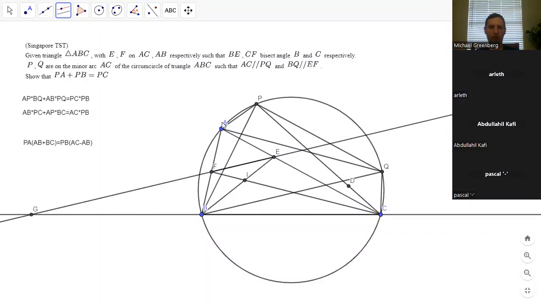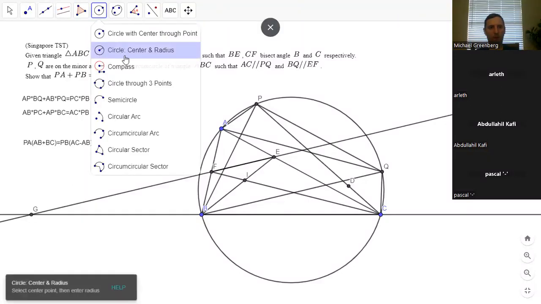Yeah, let's see. Can we find a triangle congruent to PAB? Is CDF congruent to PAB? I don't think so. No, CDF couldn't be congruent. Let's try something.